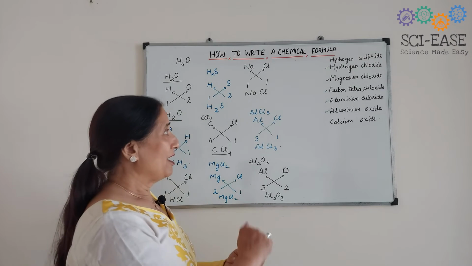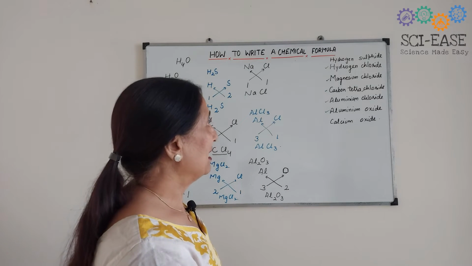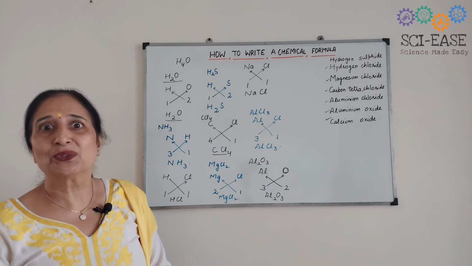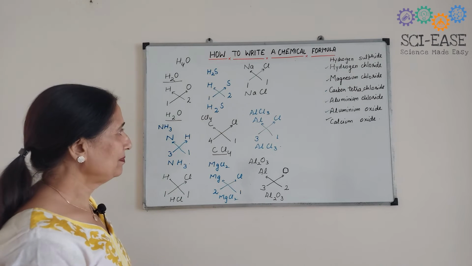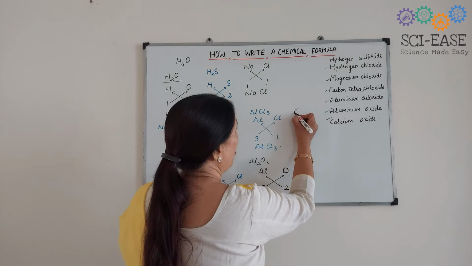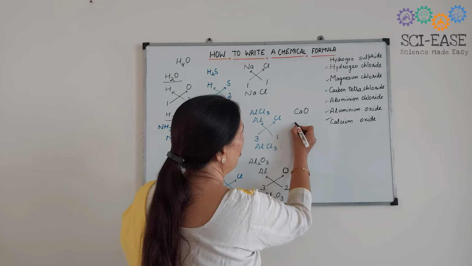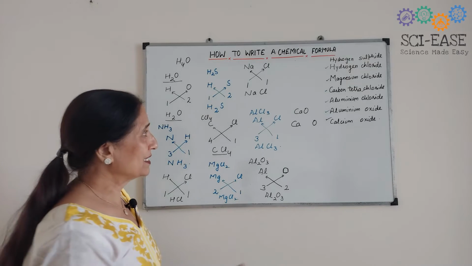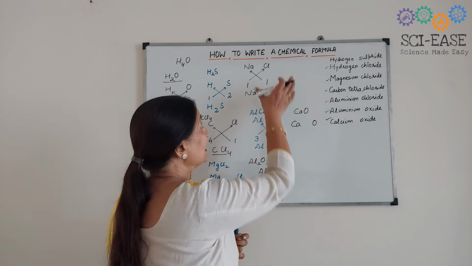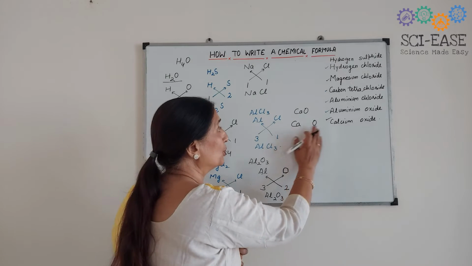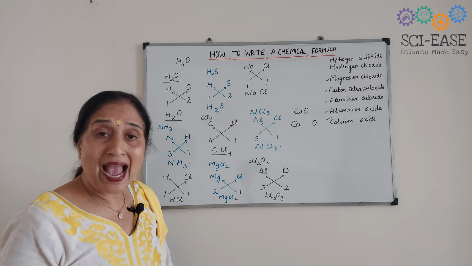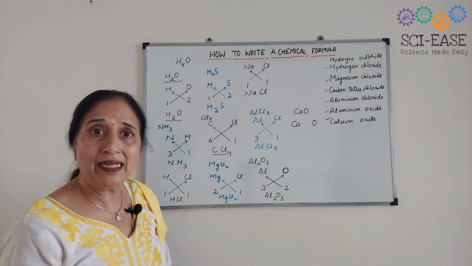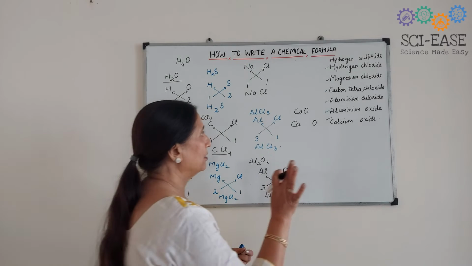Now, I will take another example, calcium oxide. Here the third rule will come. How will calcium oxide be formed? Ca and oxygen, 2 elements are present. For writing the chemical formulae, it is a must that you know the symbols as well as the valencies of these elements. Then and only then will you be able to write the chemical formula.